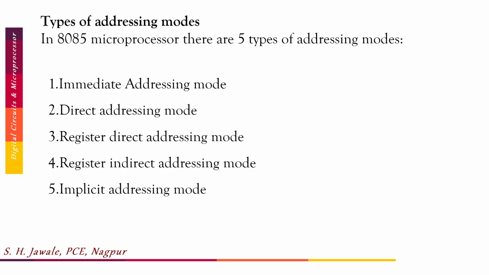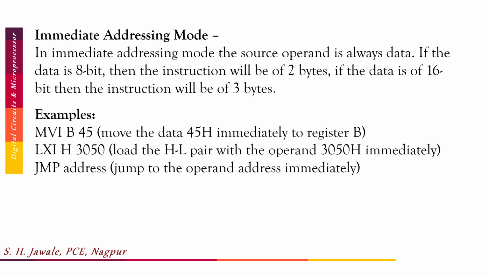There are five types of addressing modes available in 8085: immediate addressing mode, direct addressing mode, register direct addressing mode, register indirect addressing mode, and implicit addressing mode. First type is immediate addressing mode.